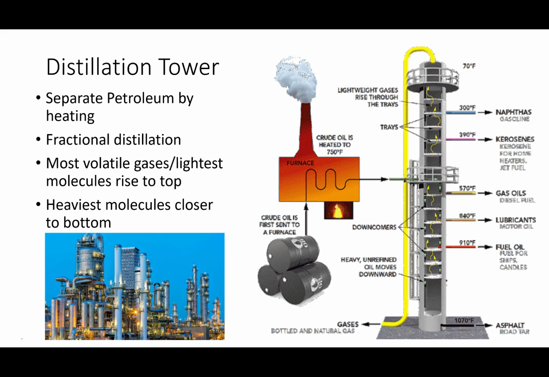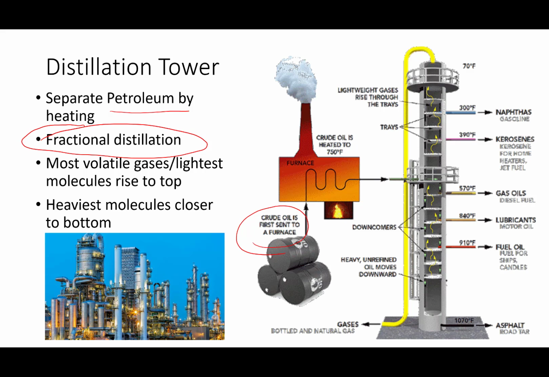When the petroleum industry sucks this out of the ground as fuel oil, they have to separate it out because you use methane one place and diesel fuel in another. So how do they do it? They separate it in something that is referred to as a fractional distillation process. And it goes through a furnace. The furnace heats the crude oil.